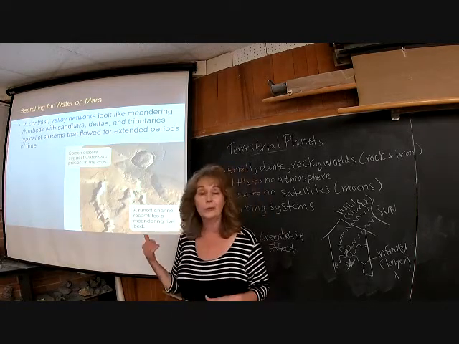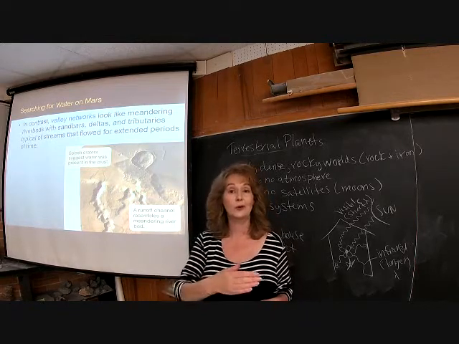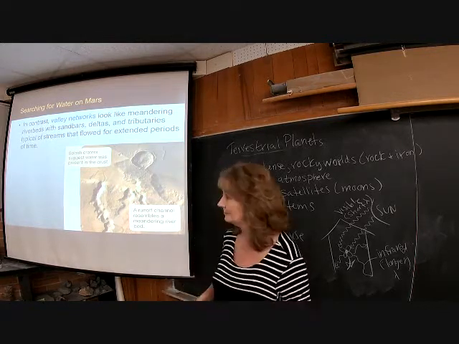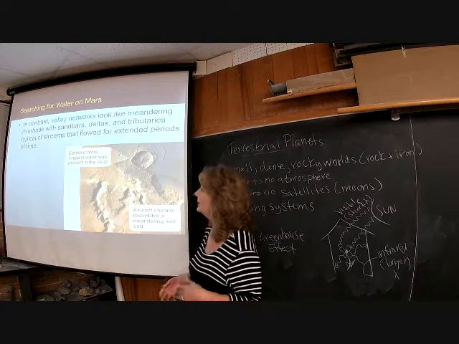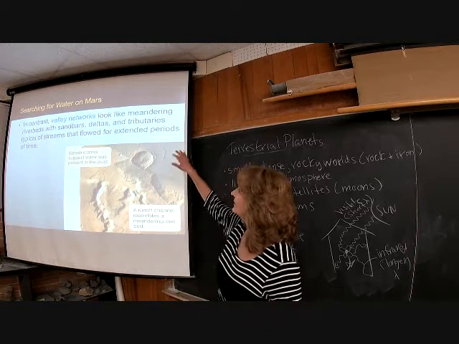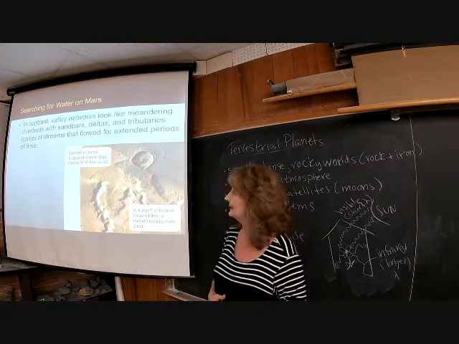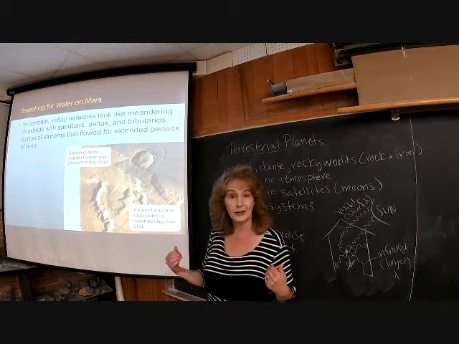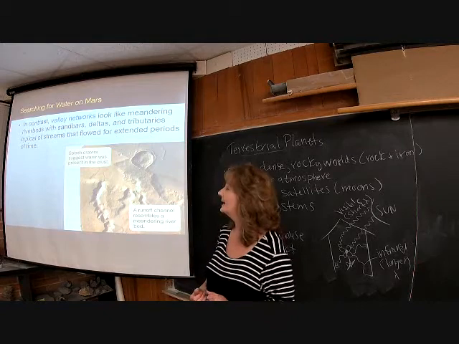Valley networks also look like meandering riverbeds. Water does meander and cut in a back and forth sinuous motion, we call them meanders. And so they do look like meandering riverbeds with some sandbars, even some deltas, and tributaries. So tributaries feeding into the main flow channel.